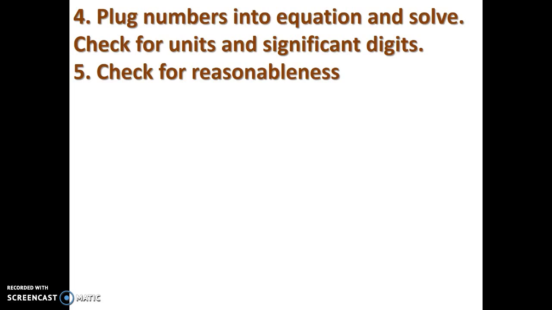And then you're going to use your calculator to solve. Your calculator does not come out until you get everything else set up. Then you're just going to check for units and significant digits in your answer. Remember, don't write down anything unless you have a reason for doing it. And then finally, step 5, always a good thing, check for the reasonableness of your answer.